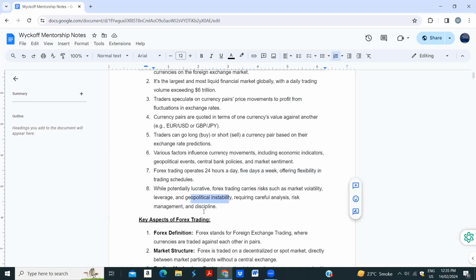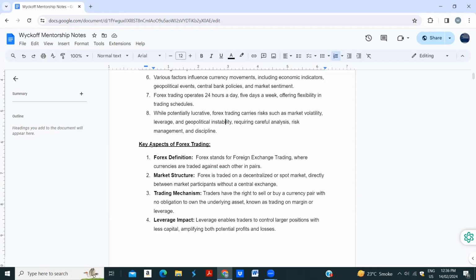These risks are in the form of market volatility, leverage, geopolitical instability. So a trader needs to do a very careful analysis, and he needs to adopt robust risk management techniques, and he needs to adopt discipline in order to sustain and profit from the forex market. This is very important.